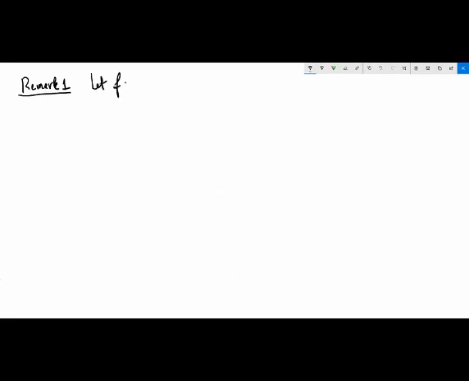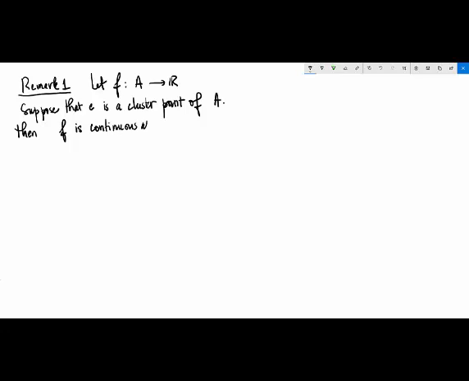Let f be a function between A and R. Suppose that c is a cluster point of A. Then f is continuous at c if and only if all three of the following holds true.